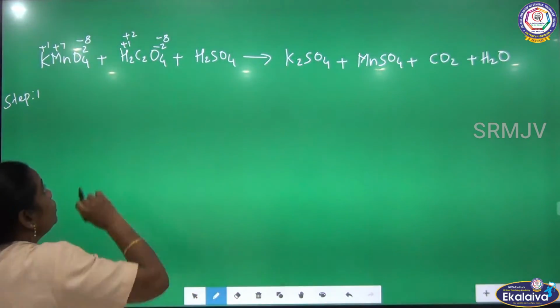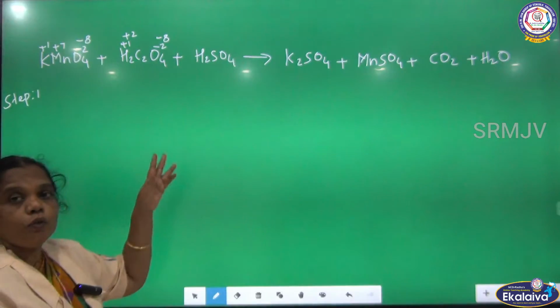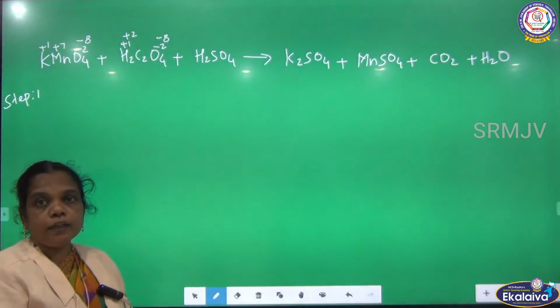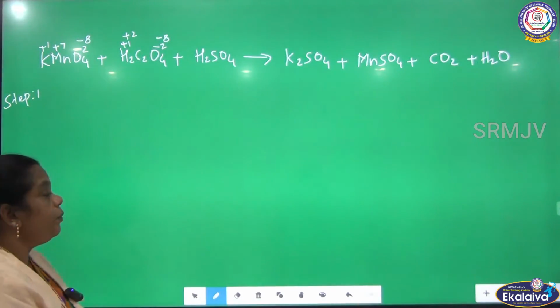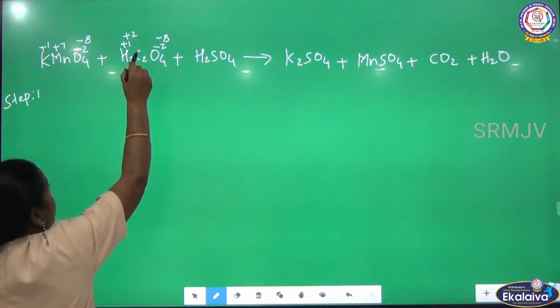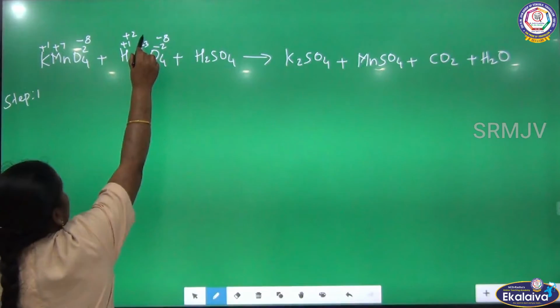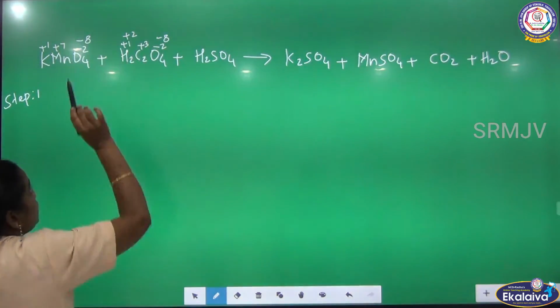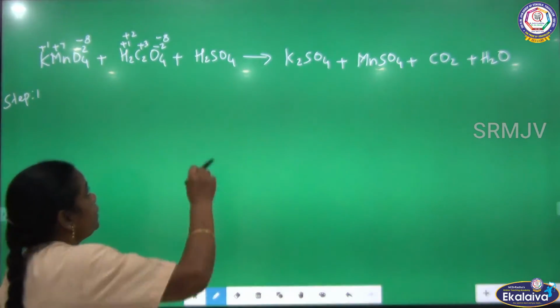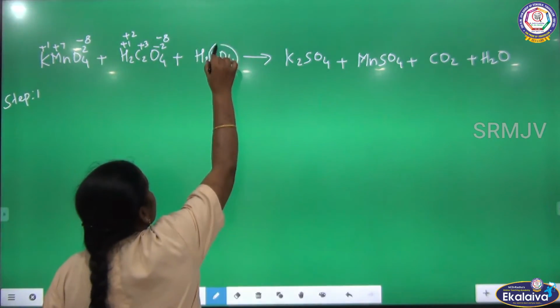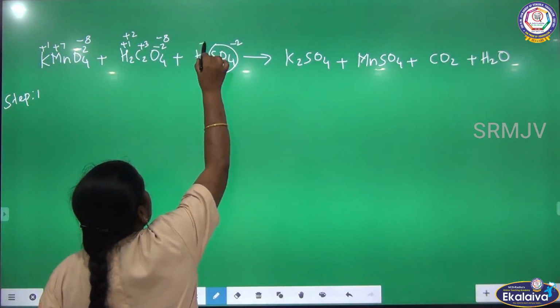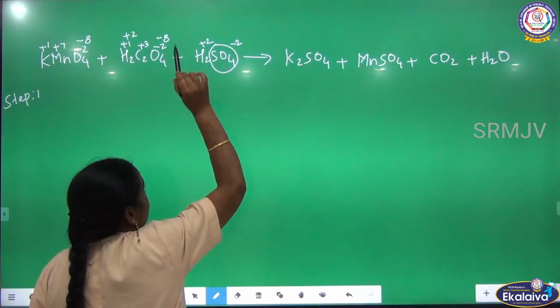Now 2 atoms of carbon are present, so that can be divided by 2. So this becomes what? +3. +3 into 2 is +6, +2, +8. And next the whole thing is -2 and +2.